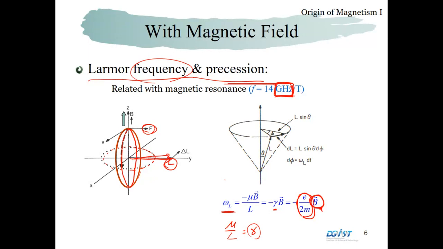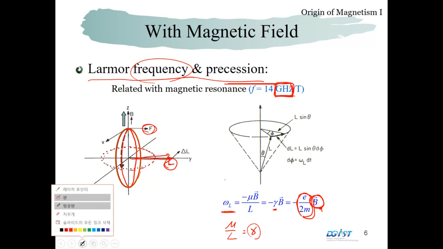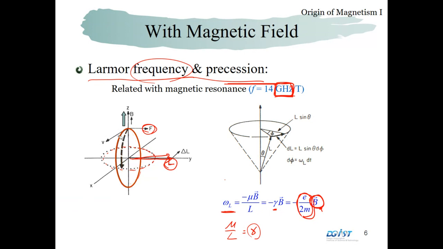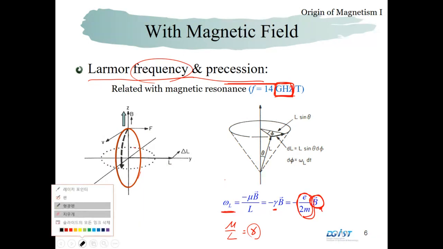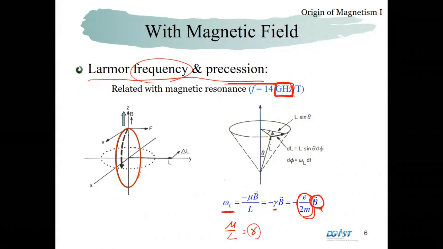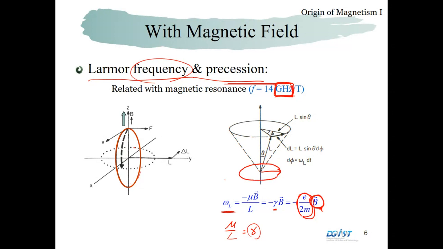So let me keep going to explain Victor's question first. This is the extreme case of this case. Here, if L is in this direction, L generates this circular motion in this plane.